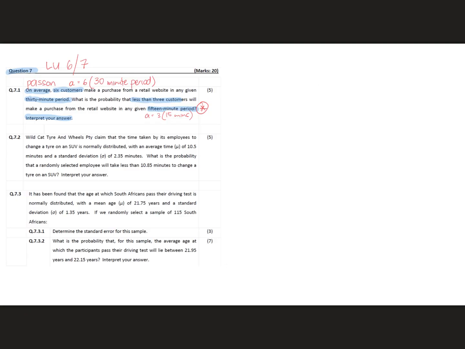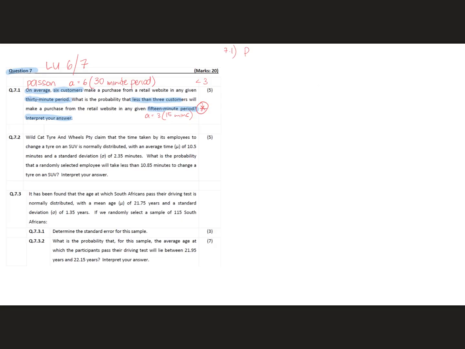So now that we know we had to adjust the value of A, and we also know we're working with a Poisson distribution, and we also know that they're looking for the probability of less than 3, we can go ahead and start answering the question. So firstly, the fact that they said what is the probability that less than 3 customers means that it's lower than 3. So we're looking at, and I'm just going to do it on this side, 7.1.